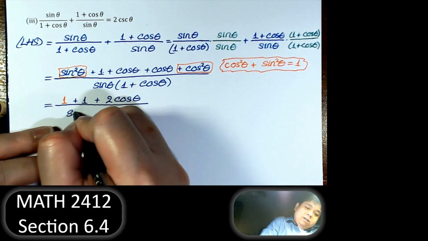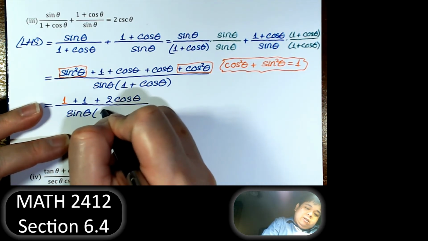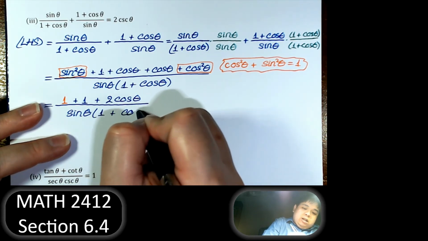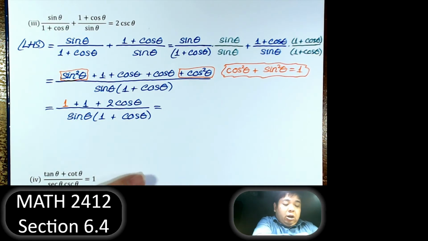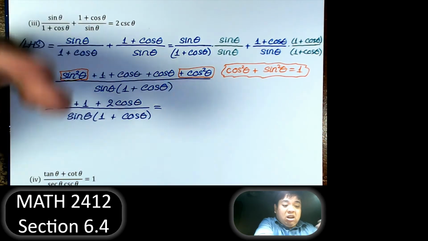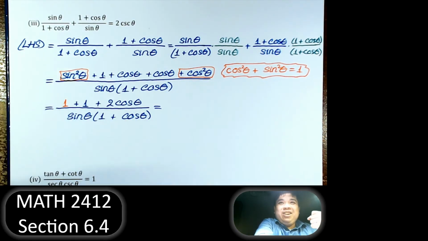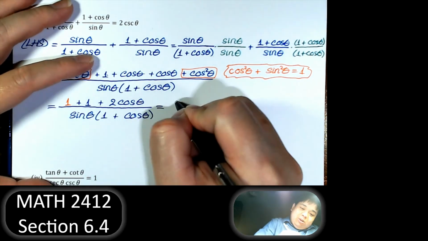Right, we have sine times 1 plus cosine theta. Again, we don't know how to get to cosecant yet, but at least we have a 2.